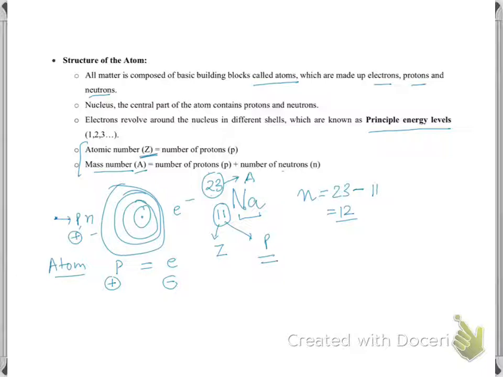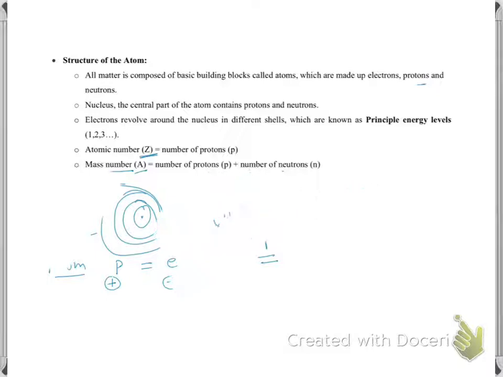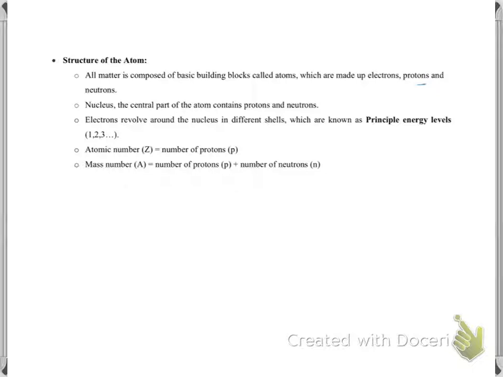Going back to the electrons, they are around the nucleus in different energy levels, which are also known as principal energy levels. So let's say this is the nucleus and these are the different energy levels, and we can label them as 1, 2, 3, 4.